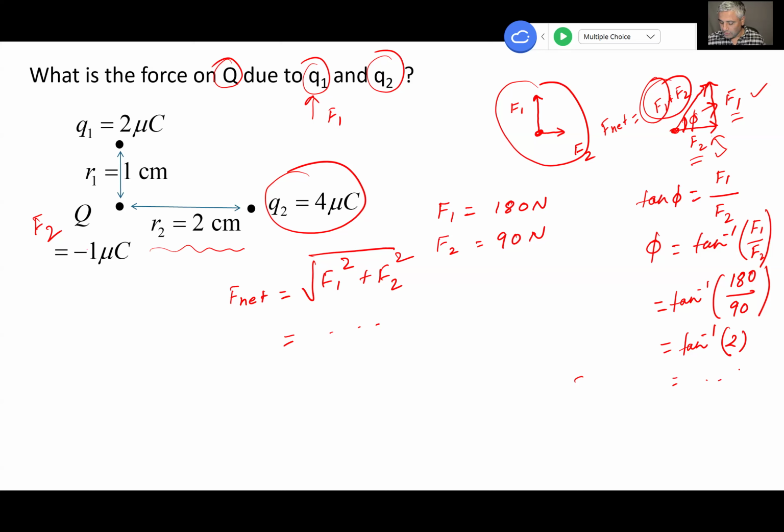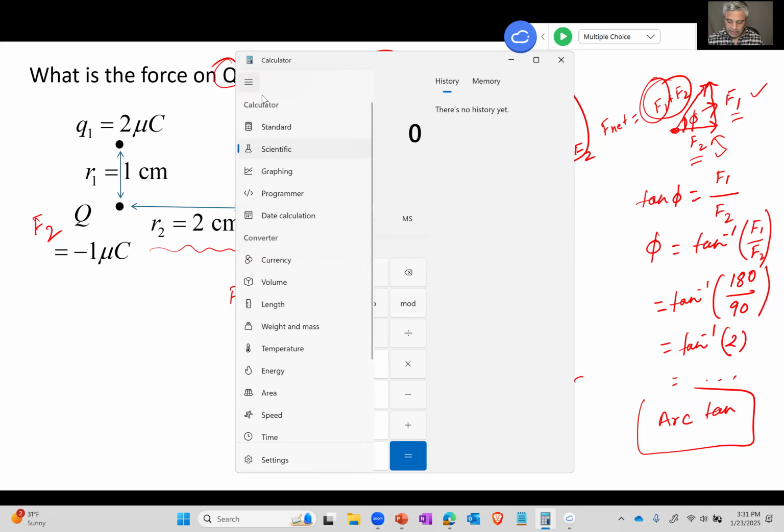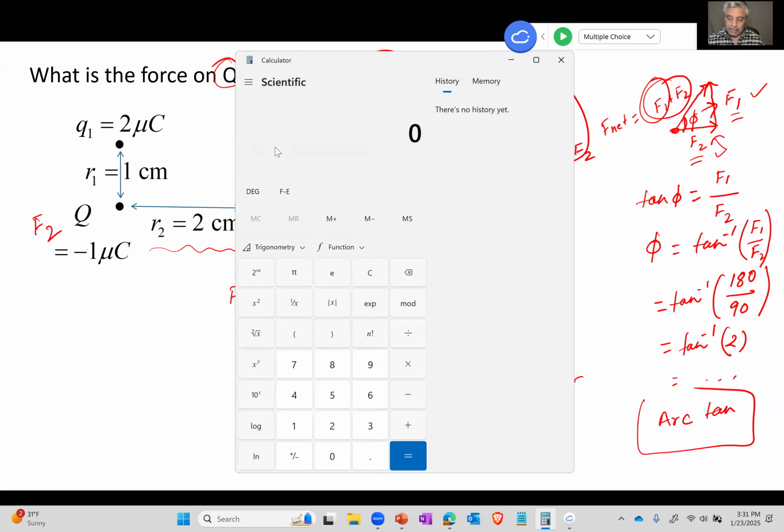So I'll let you use your calculator. Some calculators have an inverse tangent function like that. Other calculators may say arctan, right? We also have a calculator in our computer. Let's see if I can find that easily. If you are using this, you want to choose scientific.